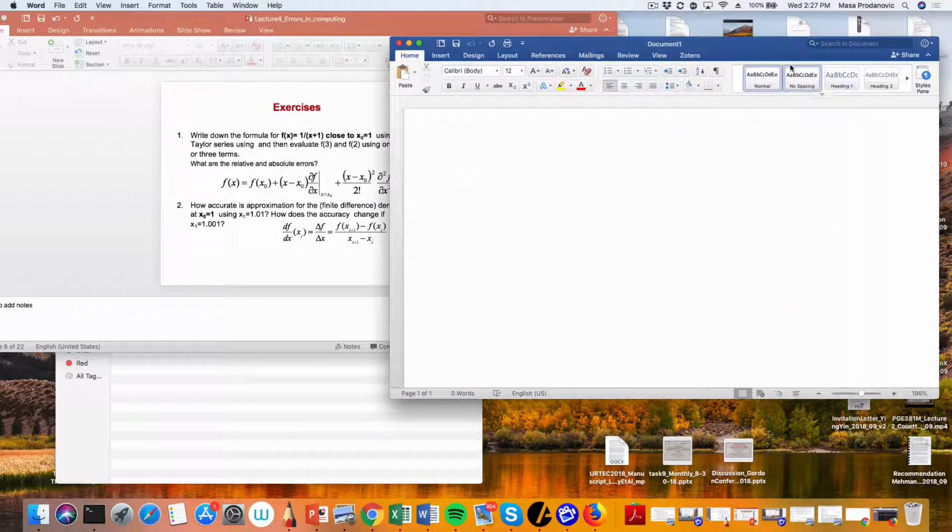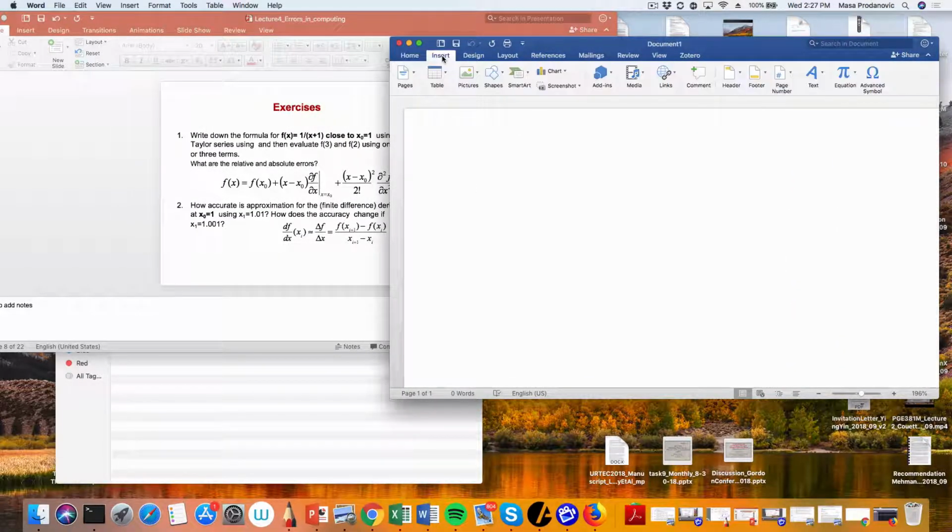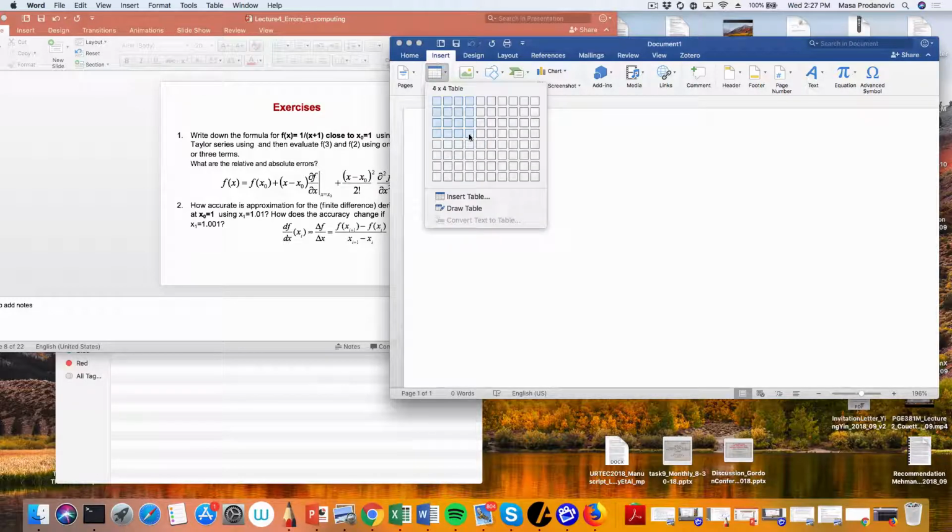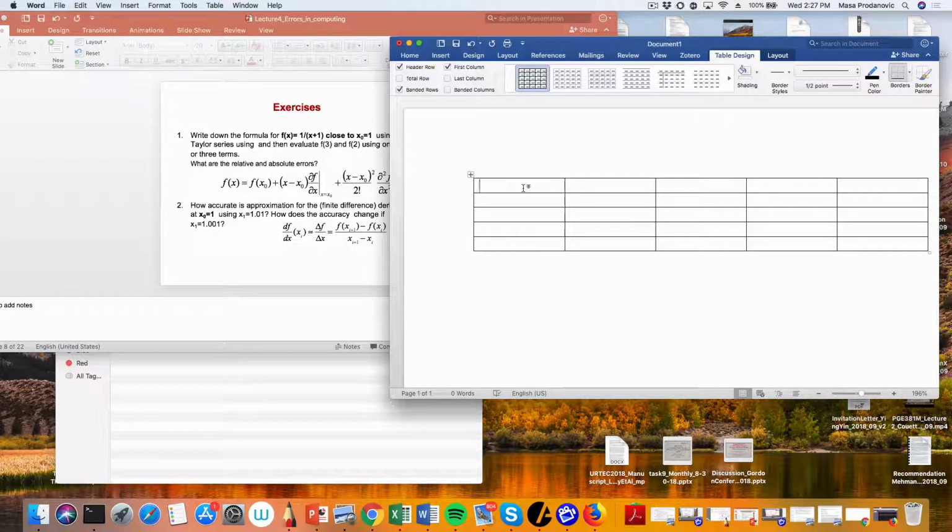So I basically want you to insert a table. So something like this.